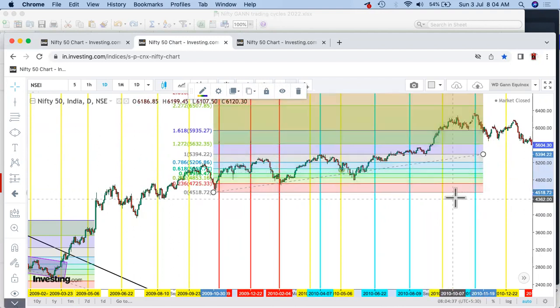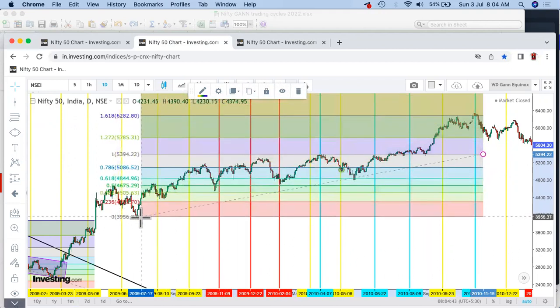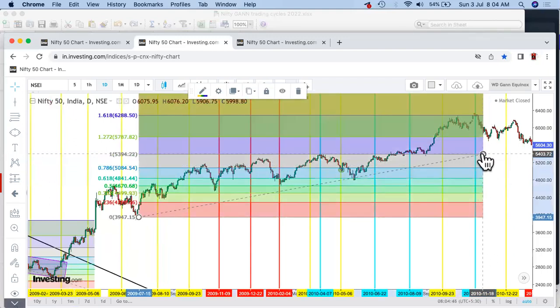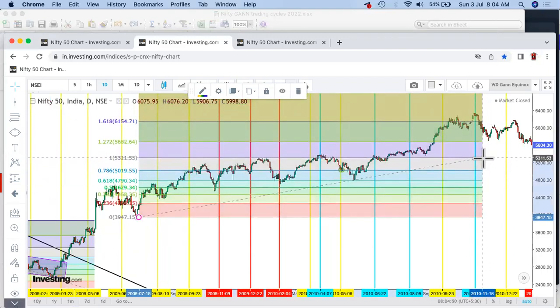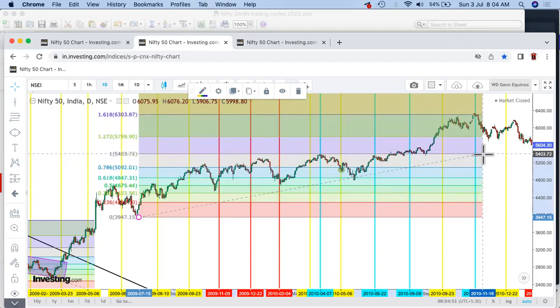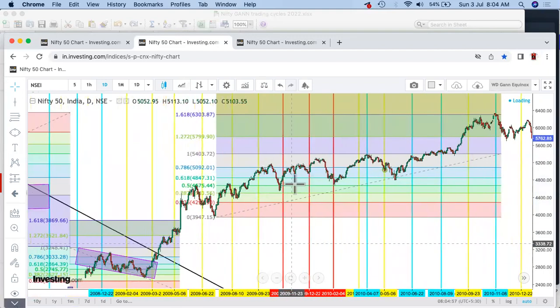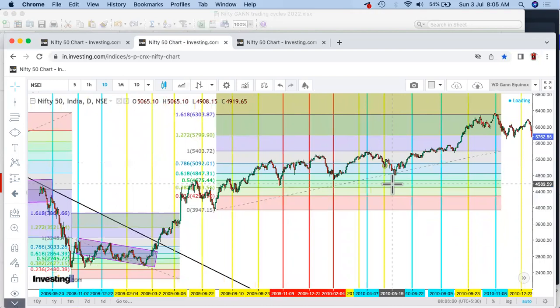So these are more of permutations and combinations, not necessarily that it would come down to that. We can consider even this Fibonacci, and maybe this can be seen as a reversal, or even this can be seen as a reversal, again coming down to the 1.618 level. We have considered major low and major high, and from there we get the reversal, and again a different target.